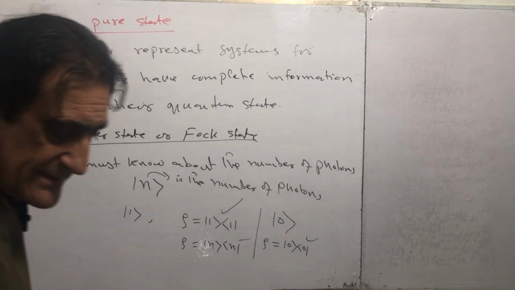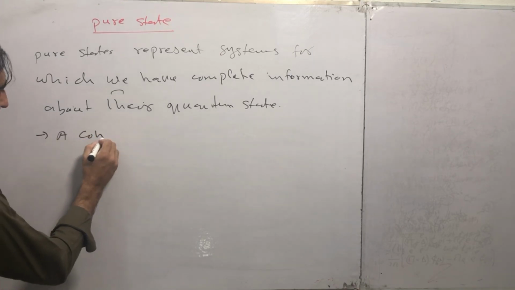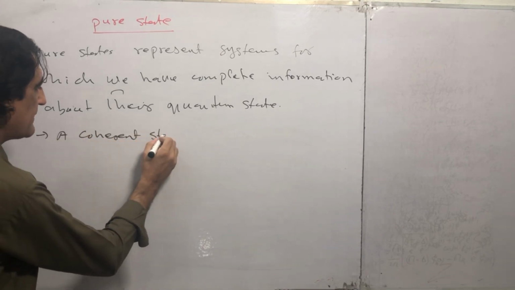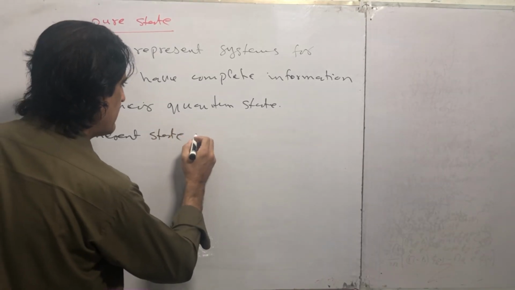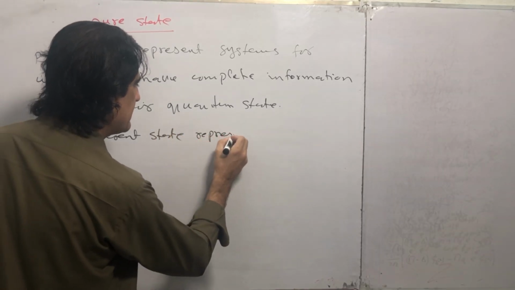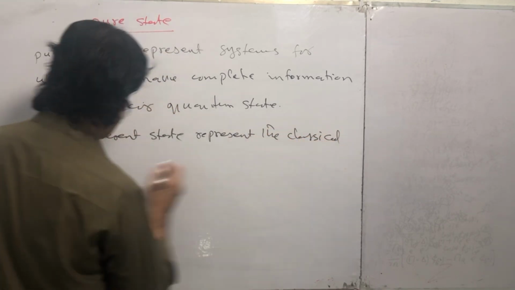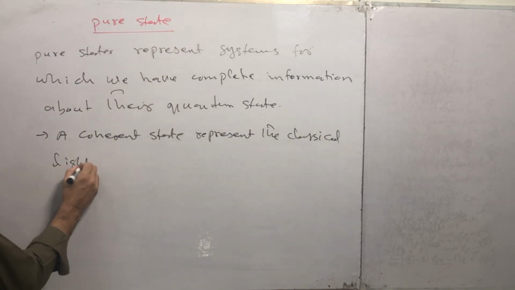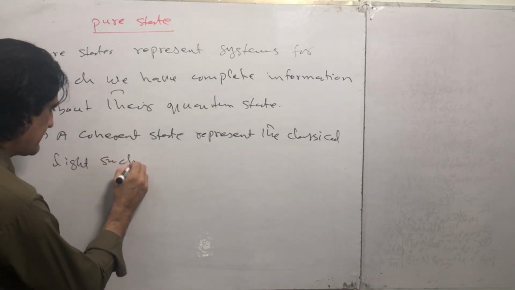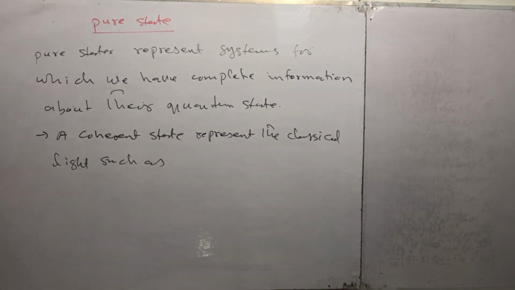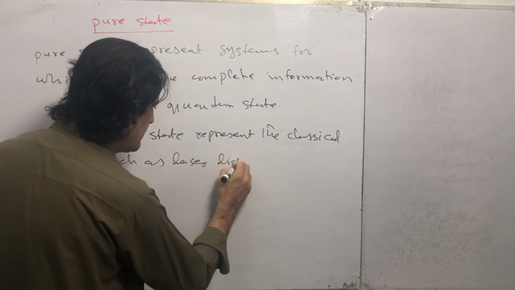Another example is the coherent state. A coherent state represents classical light such as laser light.